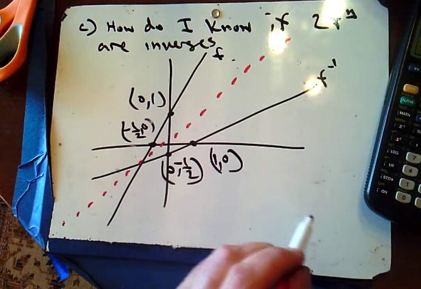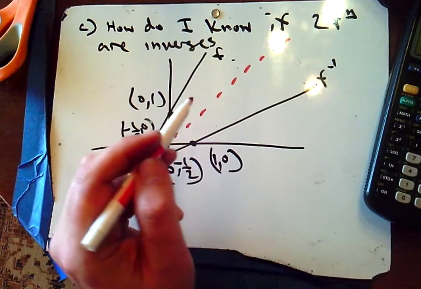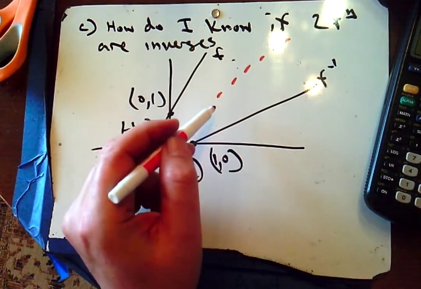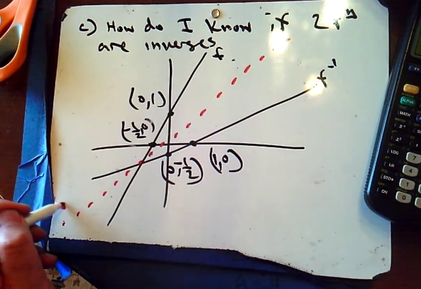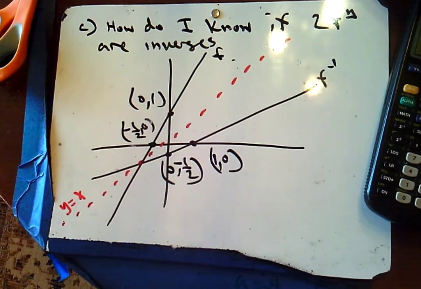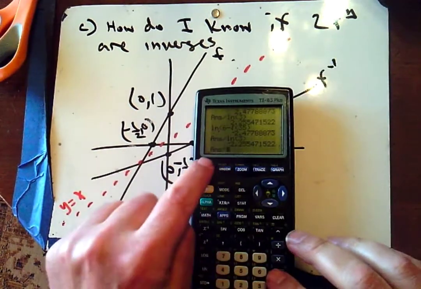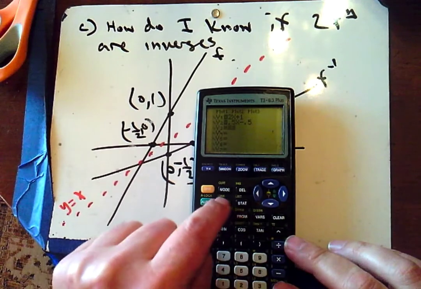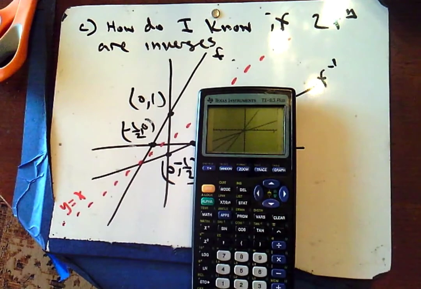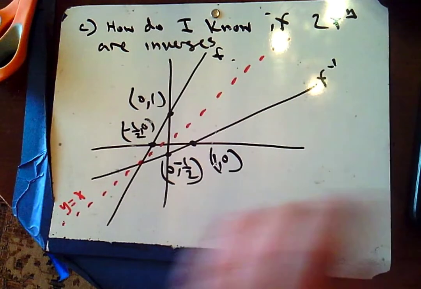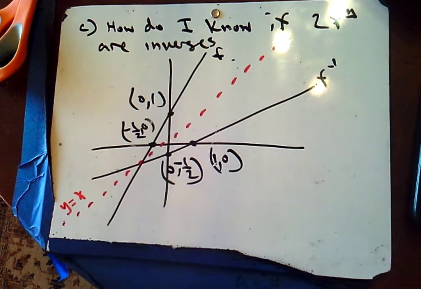Graphically, inverses reflect across the line y equals x. So if I have two functions that are inverses and I draw the line y equals x, I should see them splitting right in half. See, look at that. So they reflect across the line y equals x.